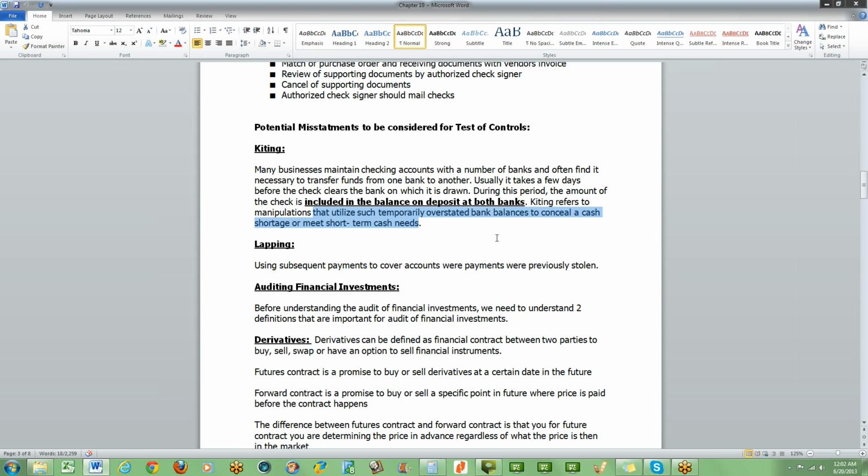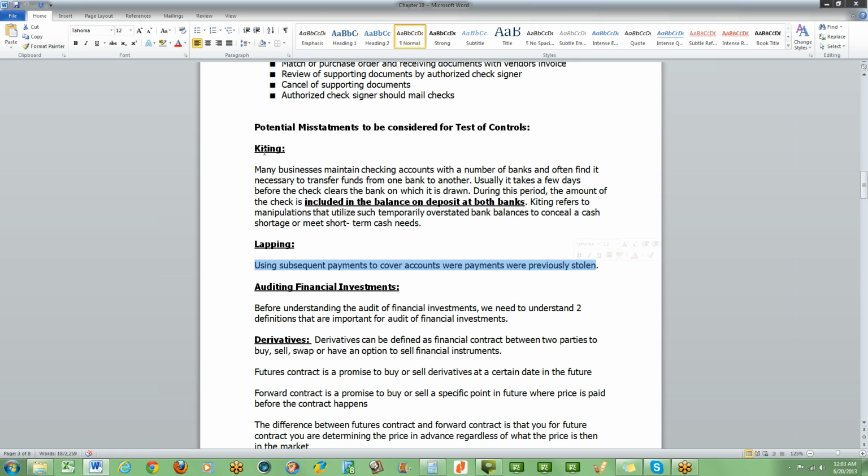Next day, they receive another cash of $250. They decide to only apply $220, then apply 20 to the previous customer, and then pocket $10. So there's a scheme going on where they are making sure that they are applying payments subsequently, and that is called lapping.